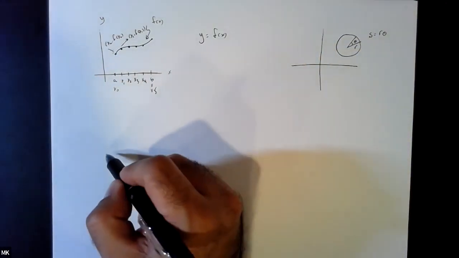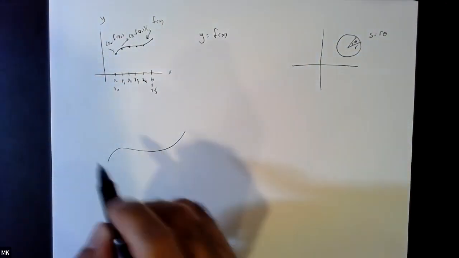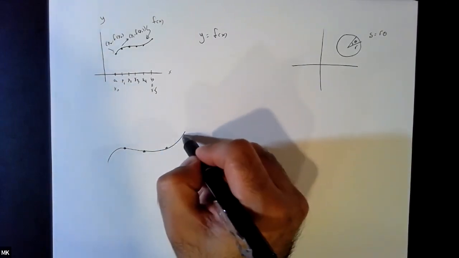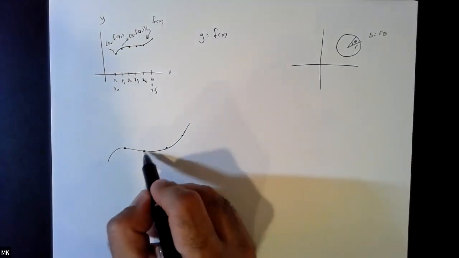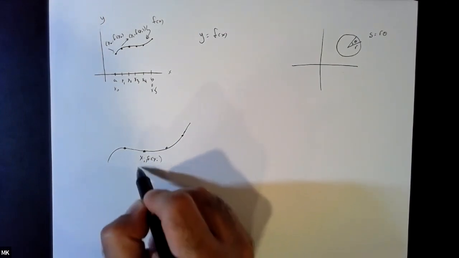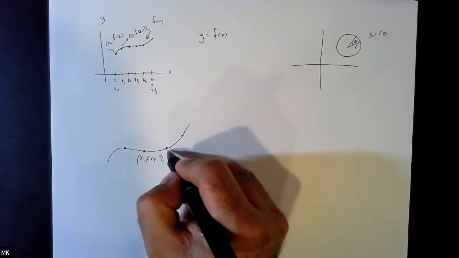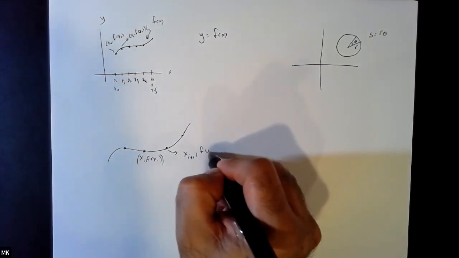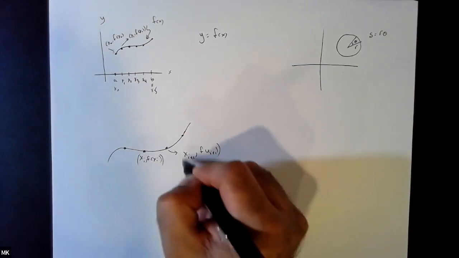Now, if I just exaggerate my curve, and these will be my points, and there are parts of the curve. Suppose this is xi, f of xi, and this will be xi plus 1, f of xi plus 1.